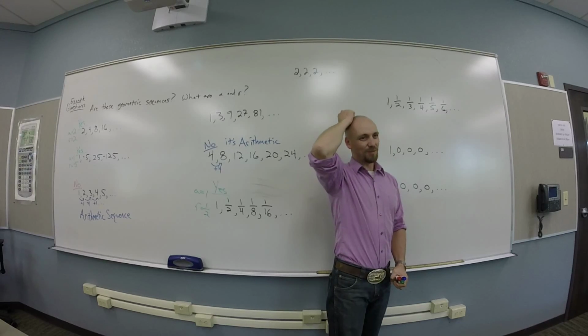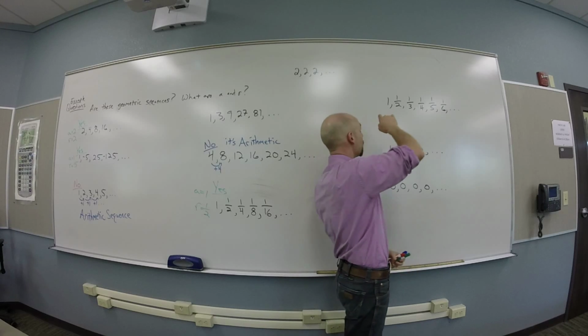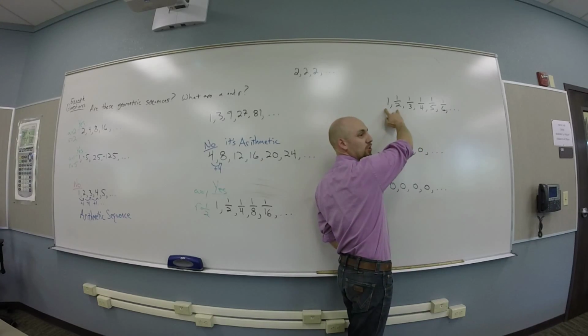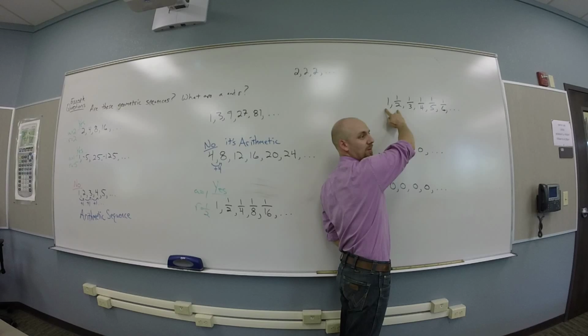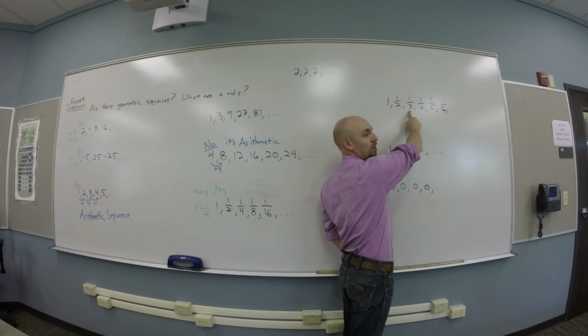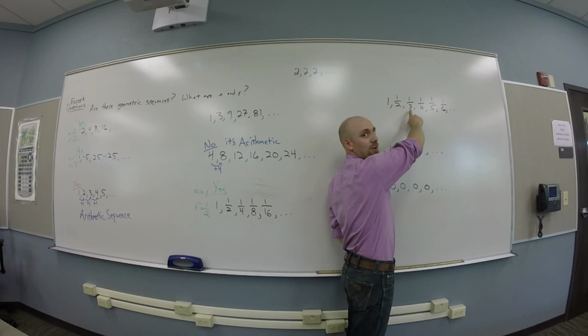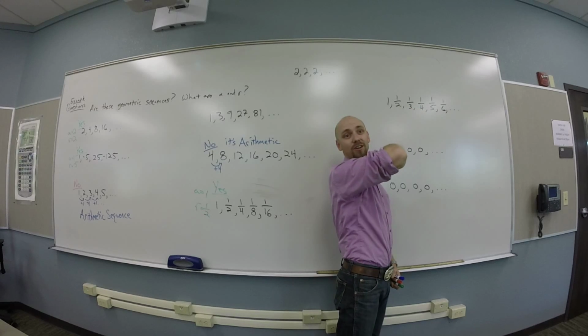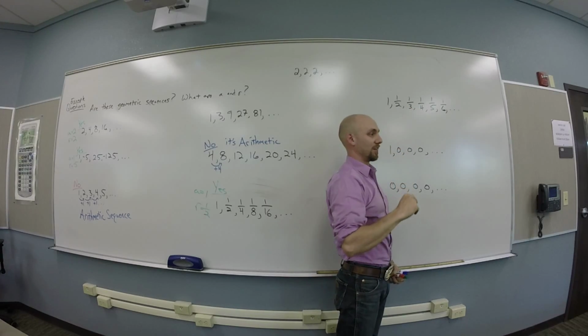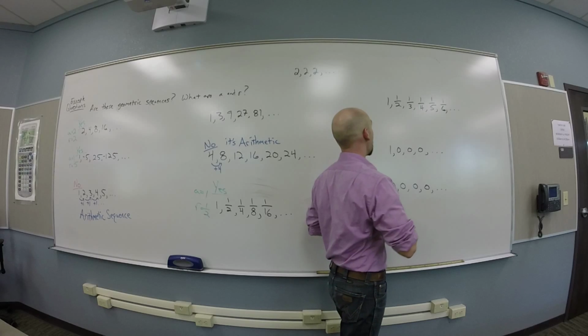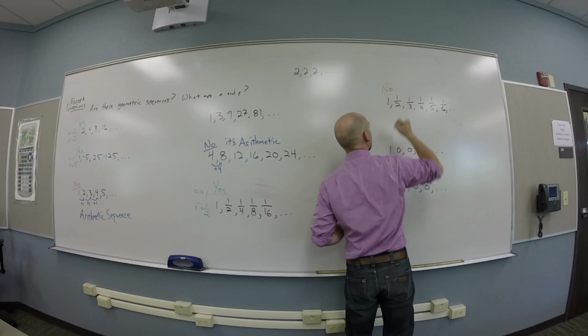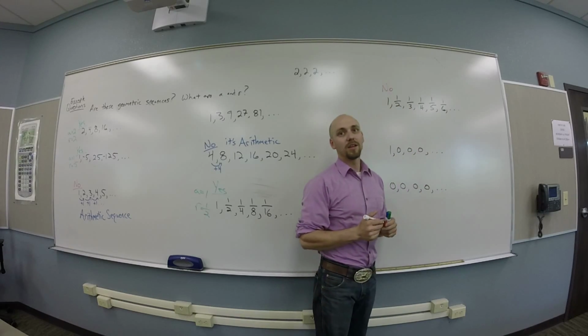This one's actually really bizarre. It's not geometric, right? Because to multiply between these two, my R would have to be 1/2, and then this one would be a quarter, not a third. So it's not geometric. So I can write down no here. What is it?